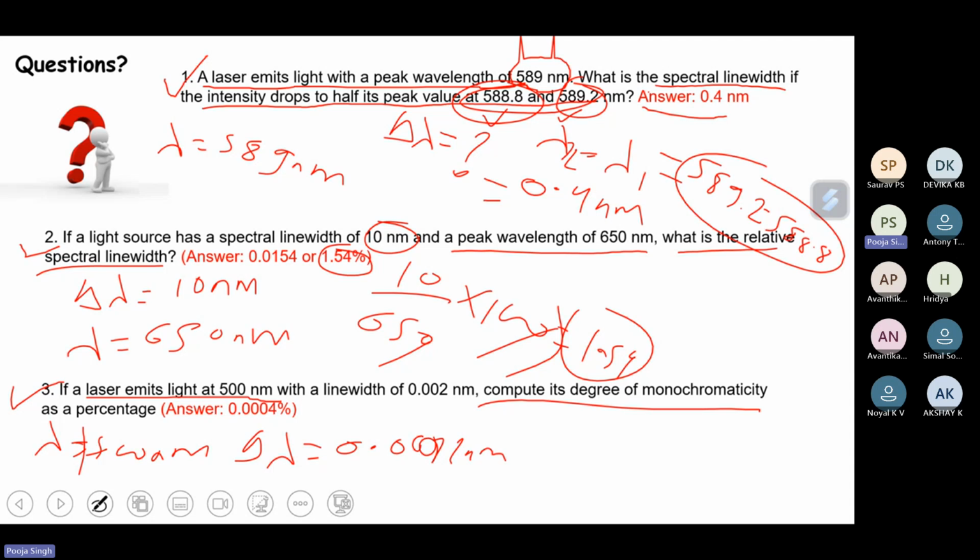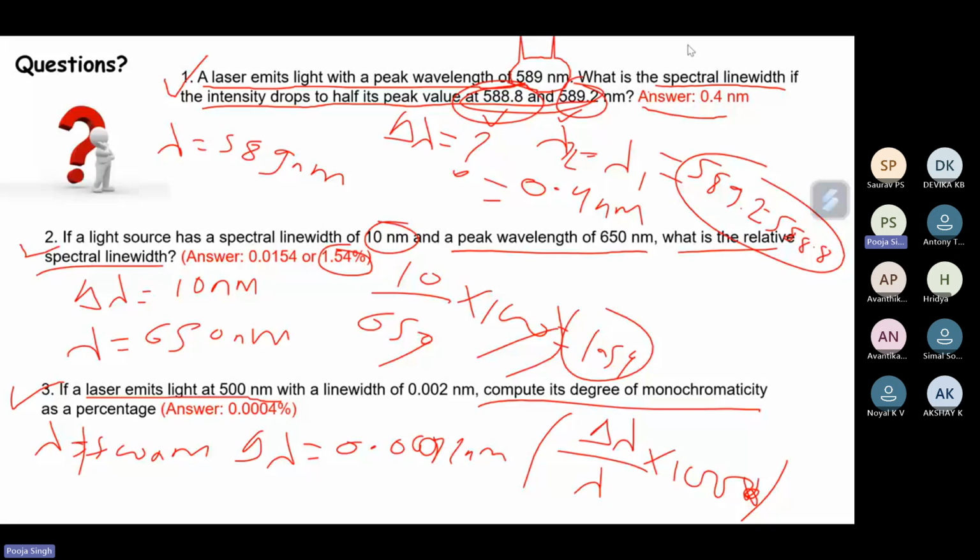As I told you, the degree of monochromaticity is delta lambda by lambda into 100. So you will get this percentage value. If you have to calculate the degree of monochromaticity or relative spectral line width, it is the line width only. This is the example where you can easily solve it.